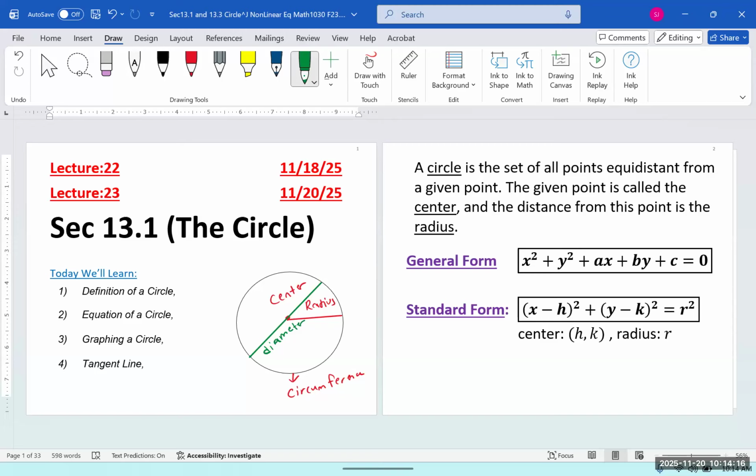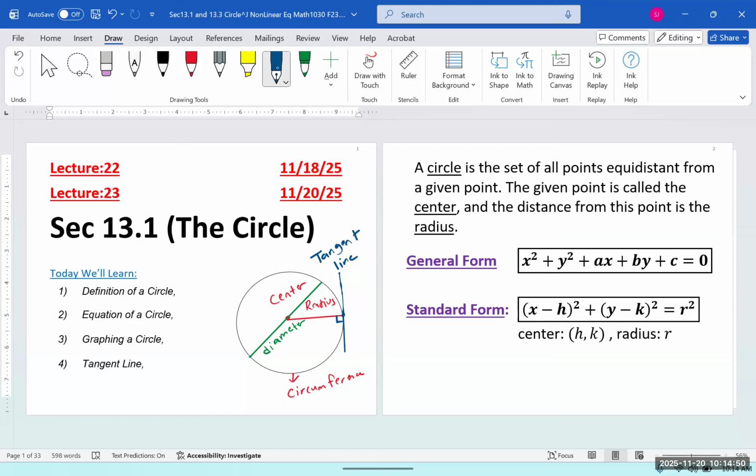Now, there's a new concept. When you try to draw a line that is perpendicular to the radius and goes through only one point of the circumference, you have a new concept. This line is called tangent line. Any tangent line is perpendicular to the radius.